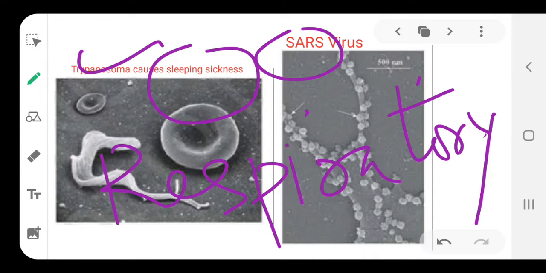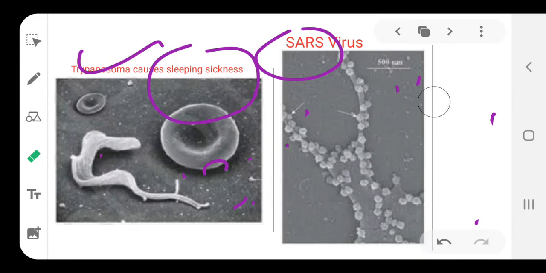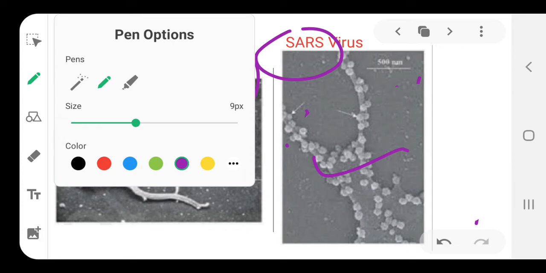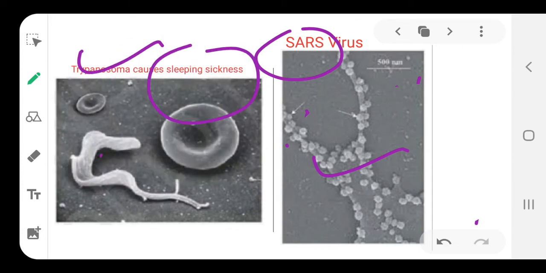Severe acute respiratory syndrome, and the virus for which the whole world is more or less locked down belongs to the same category, okay, the SARS virus. Again, this photo pic is from your textbook. So, check them properly and make sure that you know these pics and their names in particular, okay.